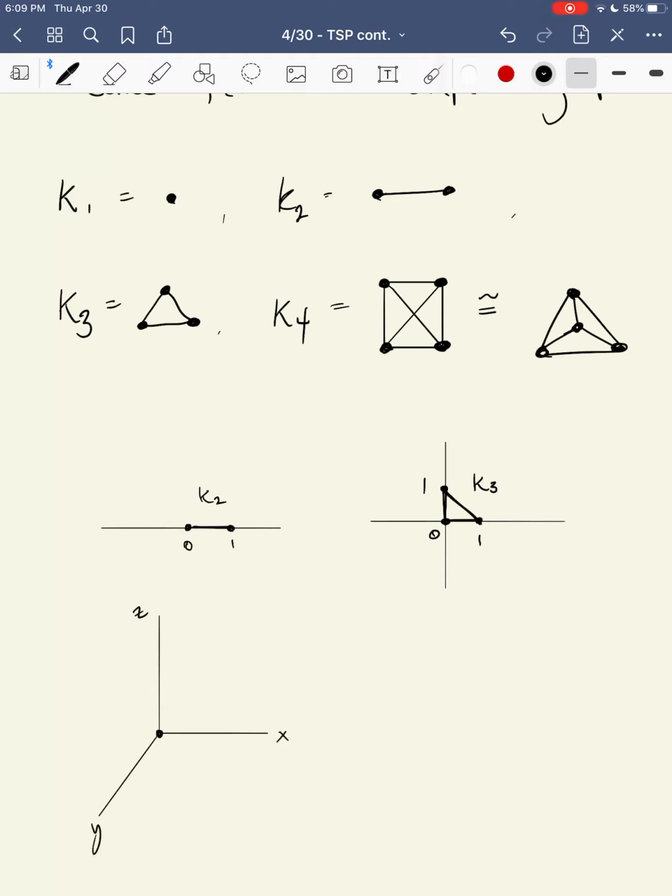Now if we put a point at 0 and a point at 1 on each of these axes, and I connect all of these lines, look what I get. I get K4.